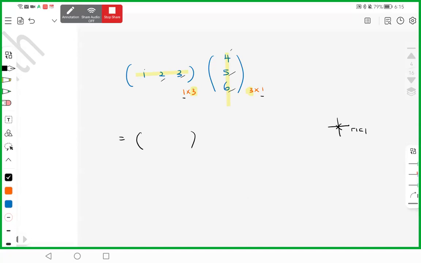It won't repeat. Got the idea? This multiplication we have to do a lot because it's kind of confusing, right? So the answer is 32. So 1 times 1 means you have only one element in the matrix.